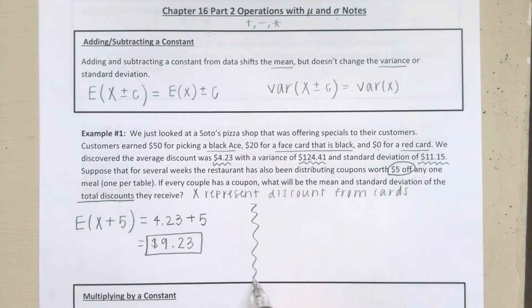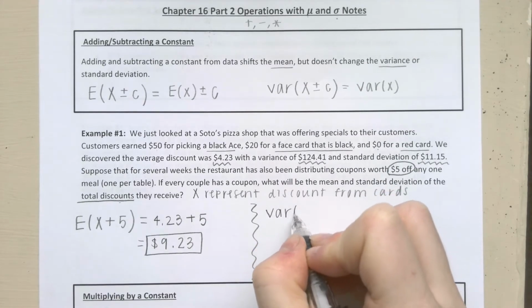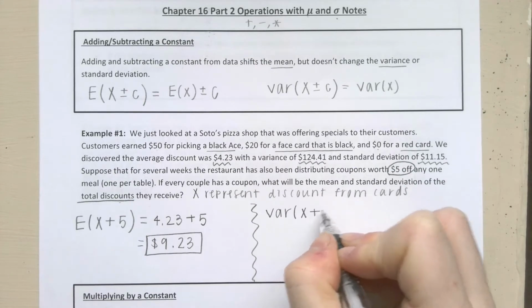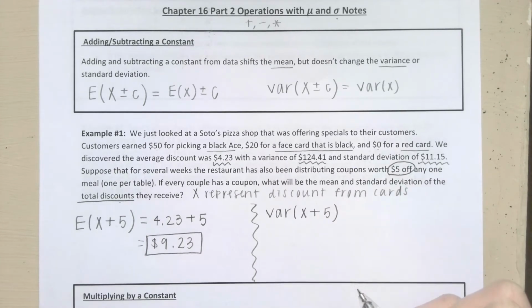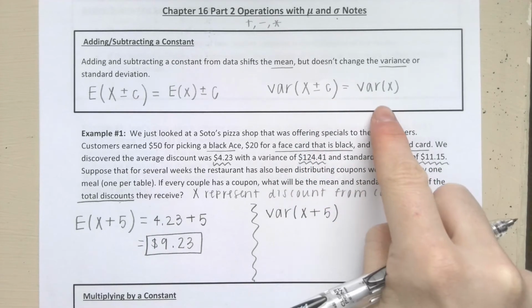Things get a little weird with variance. It's always a little bit trickier with variance. In this case, what we're doing is finding the variance of our random variable plus the additional $5 coupon. Now we said up here that adding or subtracting of a constant does not change the variance.